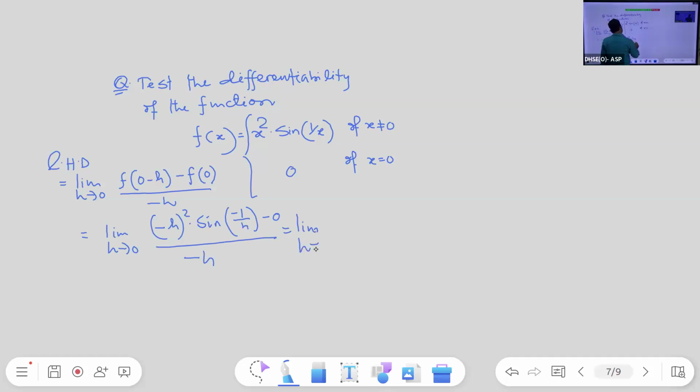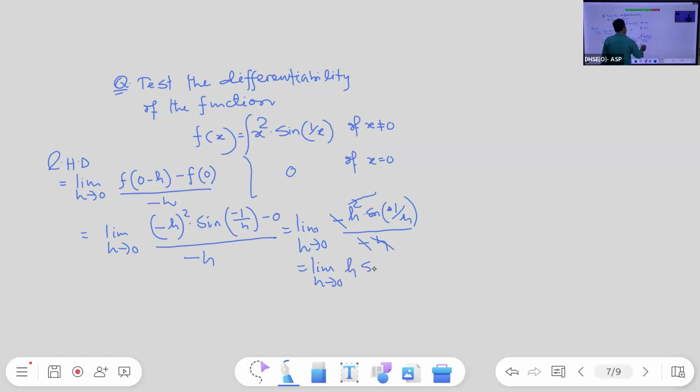Minus h whole square is h square. Sine of minus theta is minus sine theta. Minus of h square into sine of 1 upon h divided by minus h. Minus minus cancels. h cancels. This is equal to limit h tending towards 0.